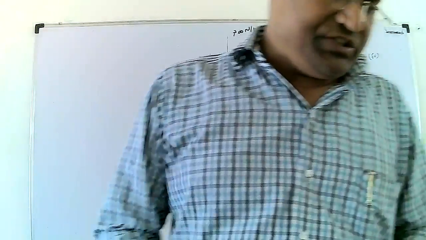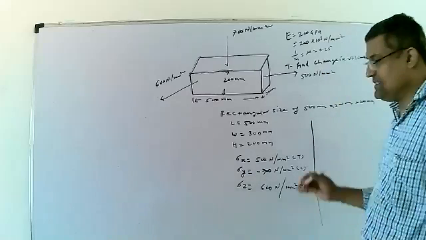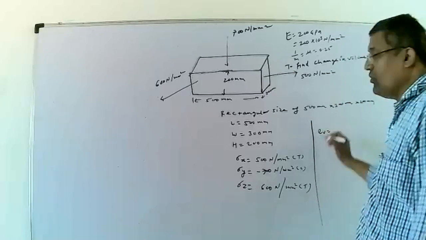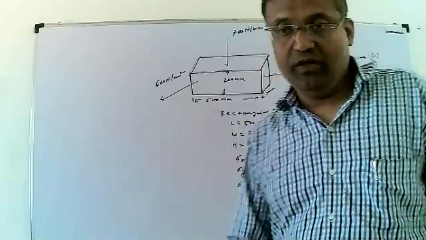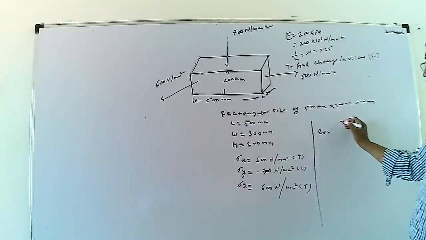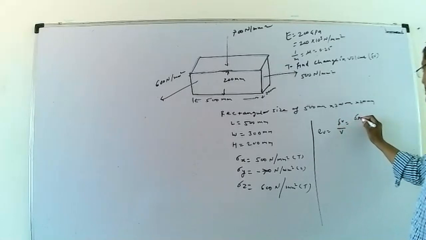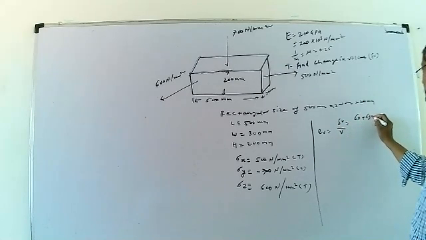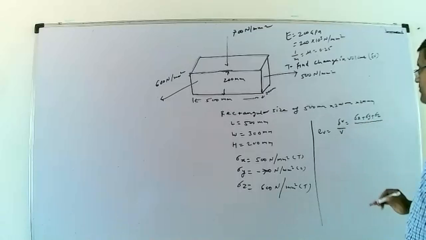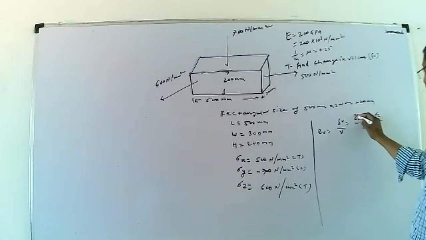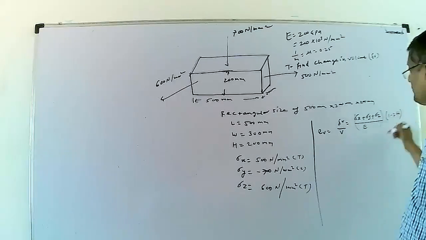Very simple way to calculate change in volume. Volumetric strain, basically, the formula is very simple. Ev, volumetric strain, is the ratio of change in volume to original volume. Ev equals delta V upon V, equal to sigma x plus sigma y plus sigma z divided by E, bracket complete, into 1 minus 2 mu.